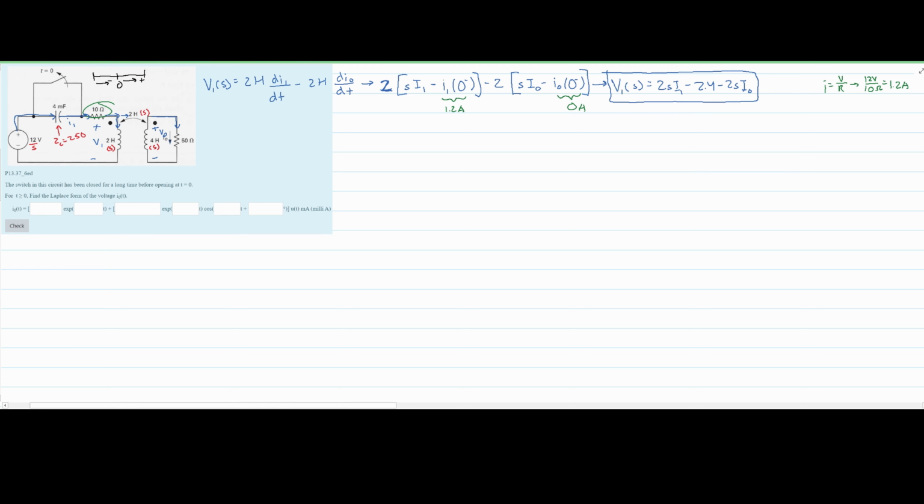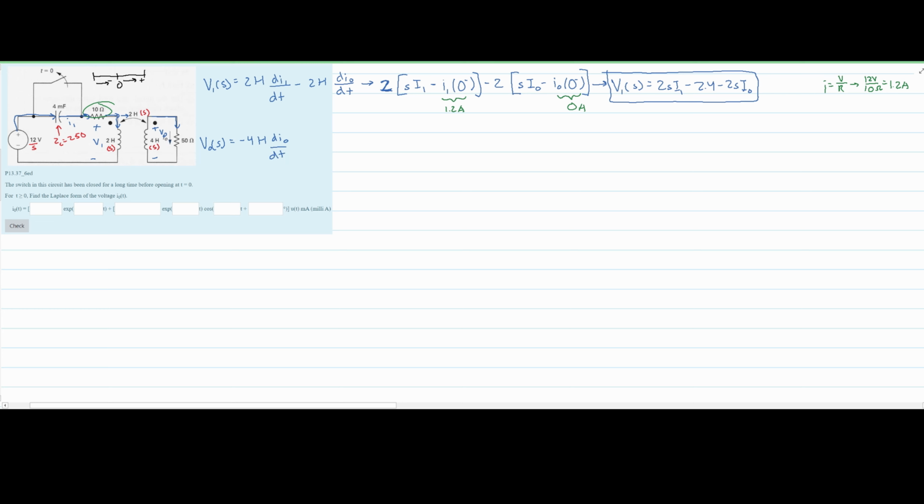Now we are going to look at V naught S. For this V naught S, we have this 4 henries right here. Because of the dot convention, it's going to be a minus 4H, and we're multiplying this by dI naught, this time because we're dealing in this part with the self-inductance first, and this is being divided by dt.